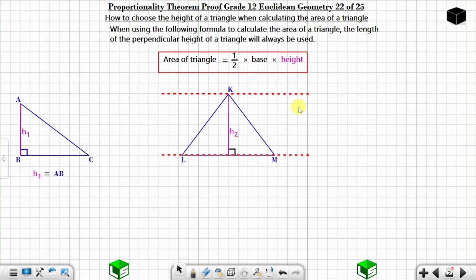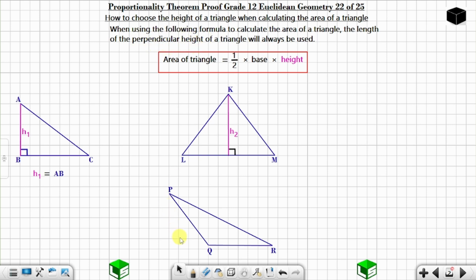Okay, you can also have a triangle as this one. So, PQ is not the height to be used in this formula, or PR is not the height to be used in this formula. You're always going to use the perpendicular height.